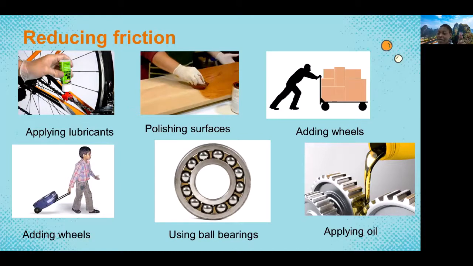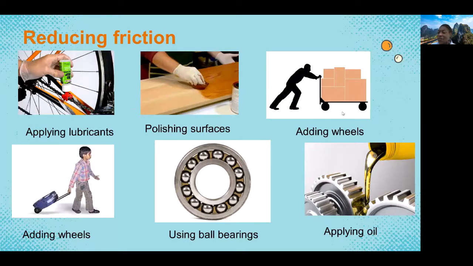And when we want to reduce, you make the surfaces smooth. Or maybe you add oil, or you polish, or you add wheels. So everything is smooth. There is nothing rough. Like this one, when you add wheels, you can imagine how easily this thing is going to move.